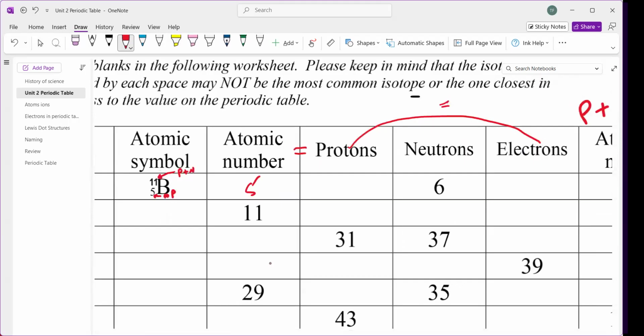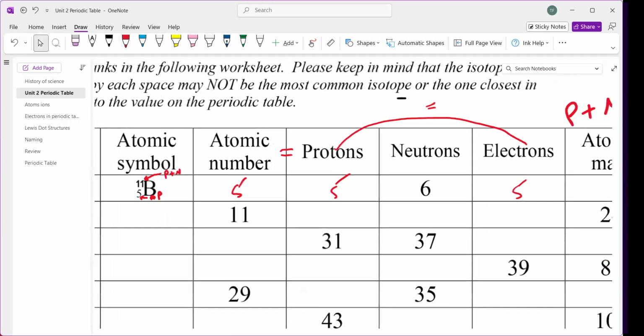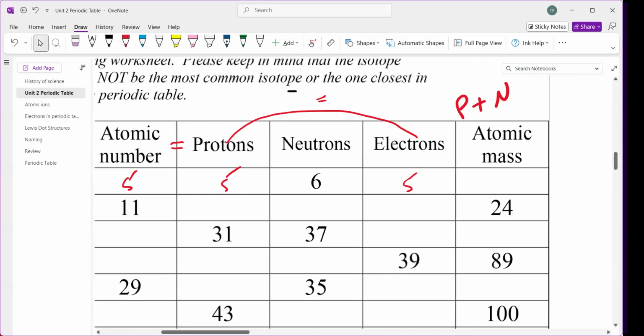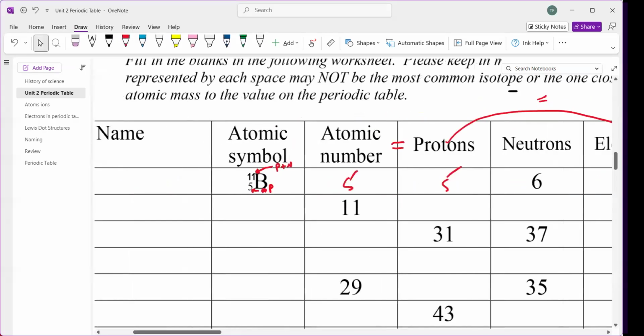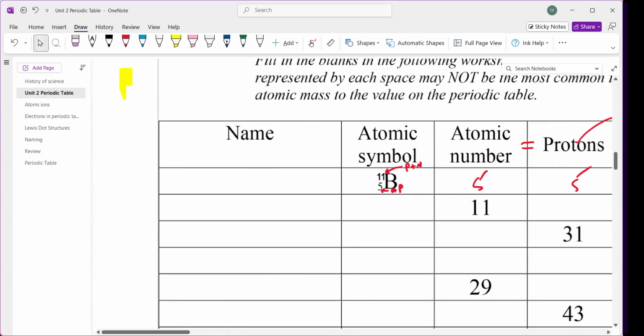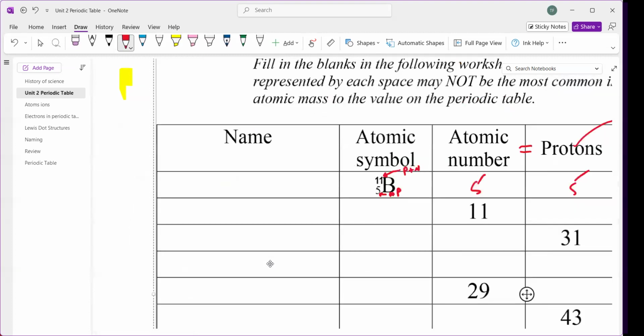How many protons? 5. How many electrons? 5. What's the atomic mass of this particular isotope? 11. And then the name is going to be boron 11.